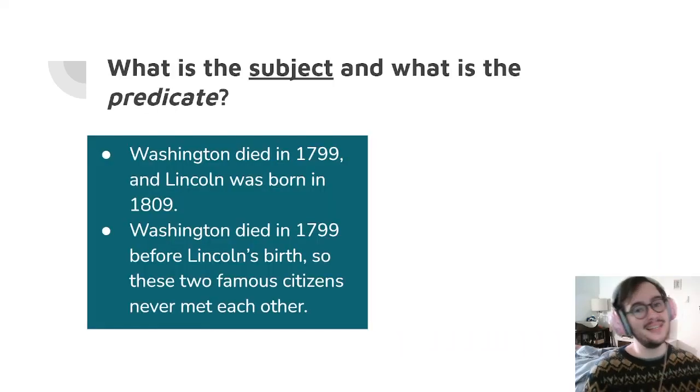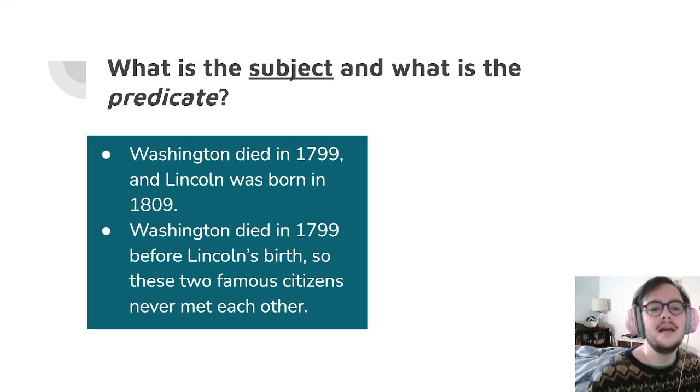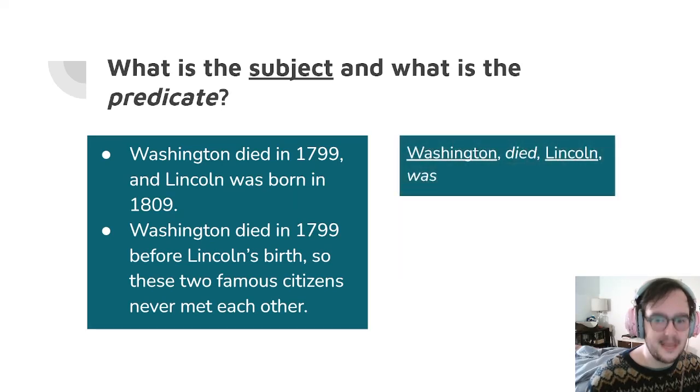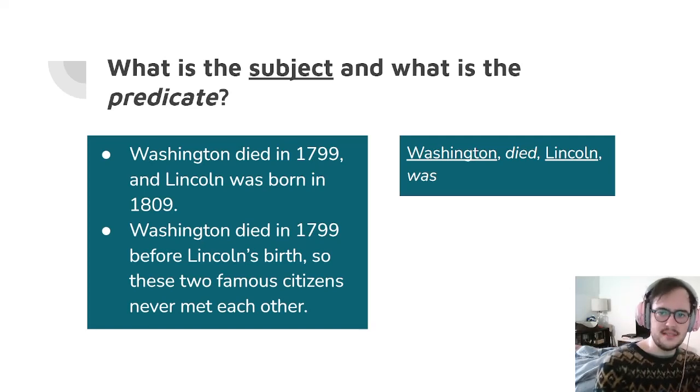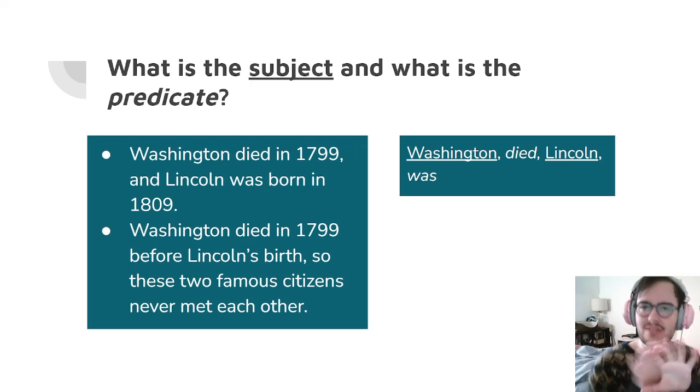So you can see the relationships are different. What are the subjects and what are the predicates here in the first sentence? It's Washington died and Lincoln was. It's not Washington was or Lincoln died. You see, they are separate. Washington died and Lincoln was.